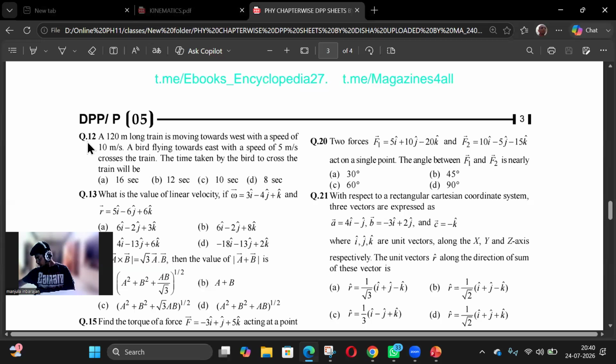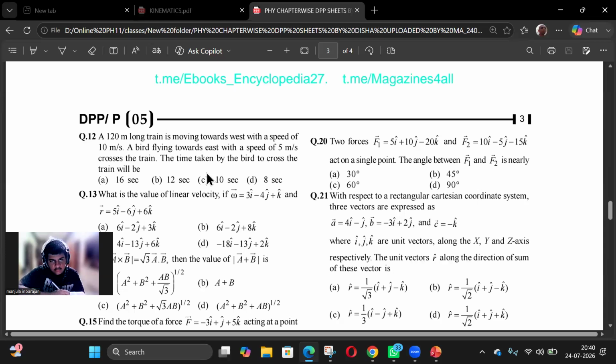Question 12, you know, right? Then 120-meter long train moving west with a speed of 10 meter per second, and a bird flying.